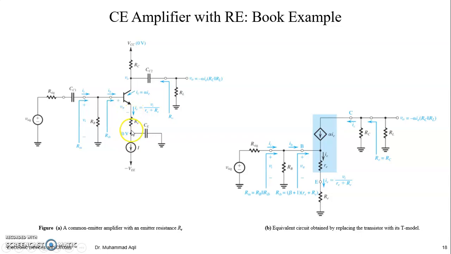The emitter has a resistance to ground, this capacitor will be short circuited for AC, so this will be bypassed, right? RB at the base, R signal also at the base. At the collector you have RC to ground and RL to ground.